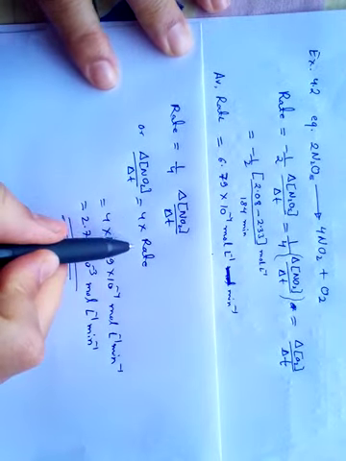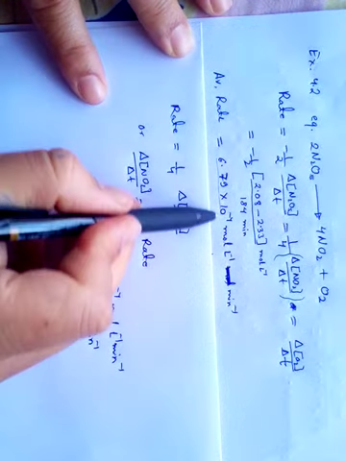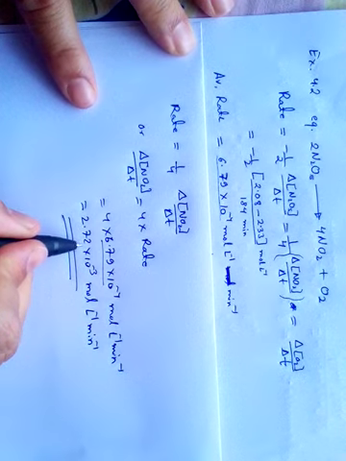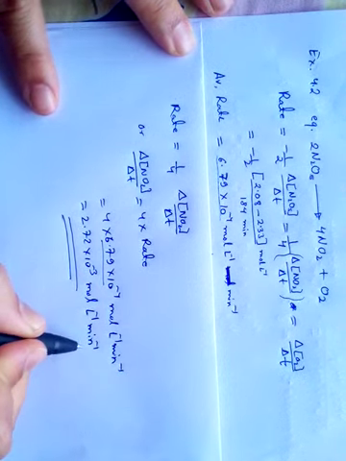Therefore, after substituting the value of rate that we have already calculated here, we get the answer 2.72 into 10 to the power minus 3 mole per liter per minute.